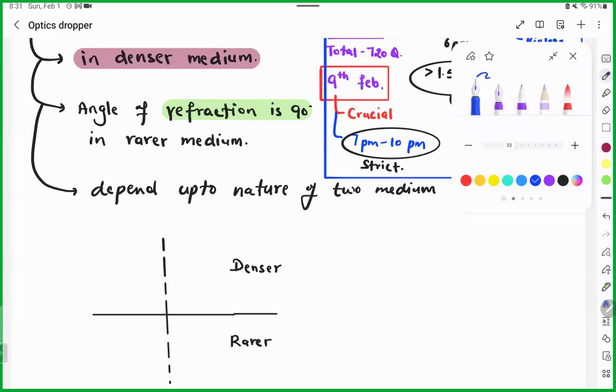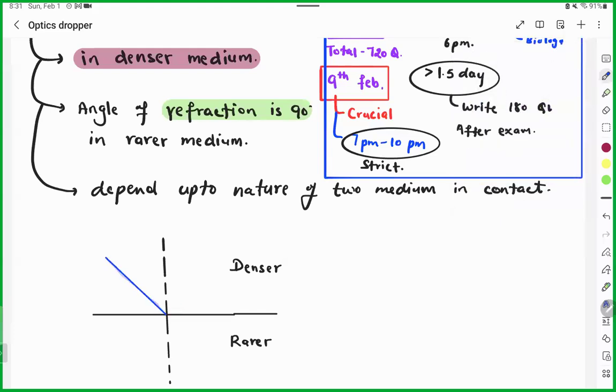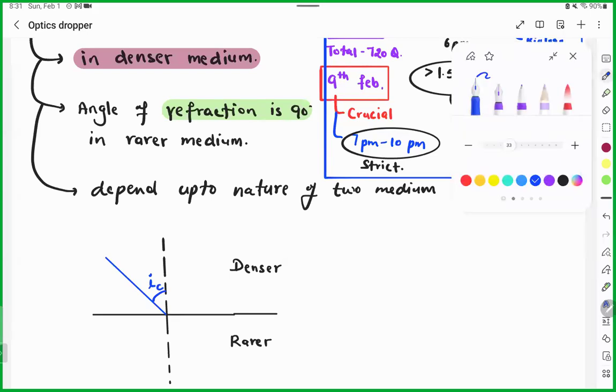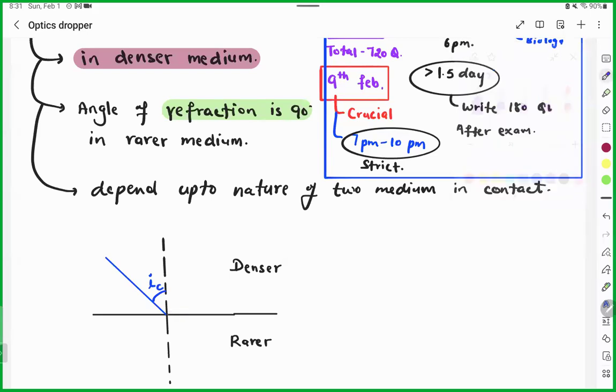In this situation, what is your incident angle? Incident angle, which is the critical angle, where your angle of refraction, because we always measure it from the normal, is 90 degree.